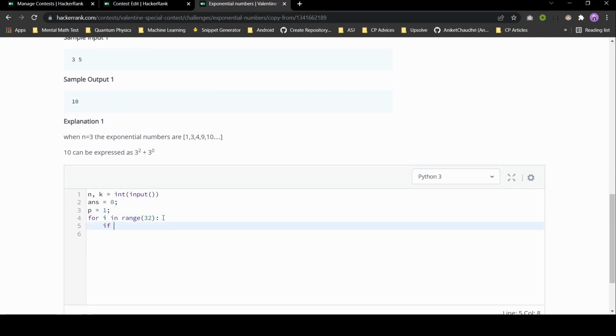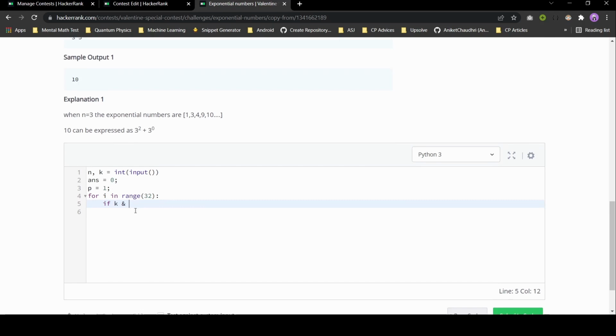So if k bitwise and with 2 power i. This expression is checking if that bit is set, that is, if the particular bit we are iterating over is 1. If it's 1, then we add the particular power, and in every iteration we are multiplying it with n. Finally, when we are out of the loop, we will print our answer.